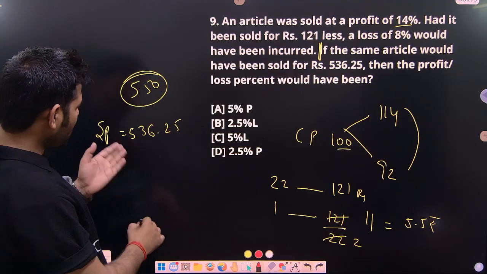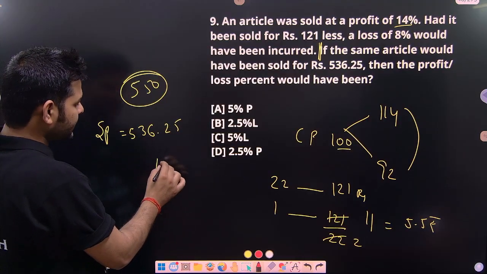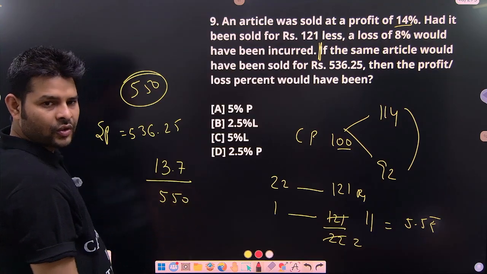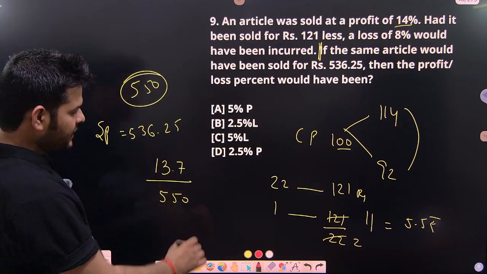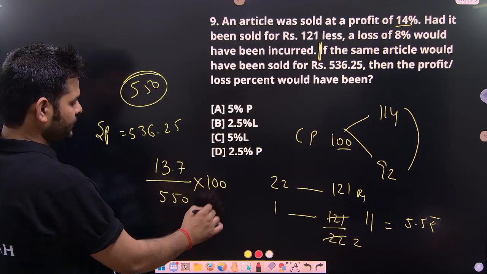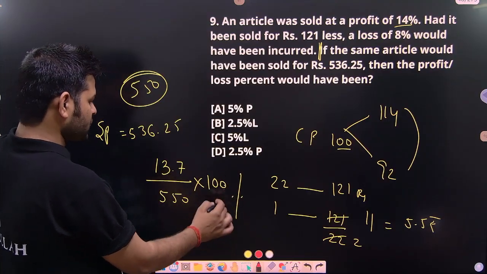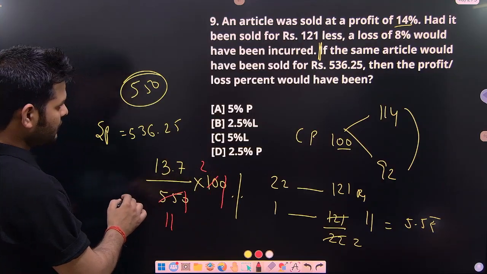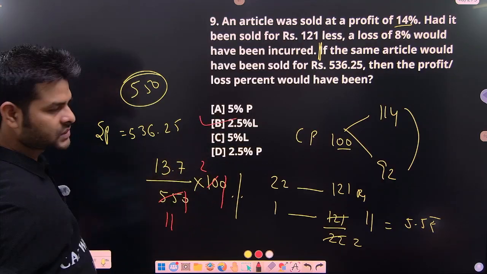So what would be the loss? 13.7. This is the loss on 550, because the real CP is this. If you calculate, you will get the percentage of profit 0.05112. If you calculate, 2.5 loss.